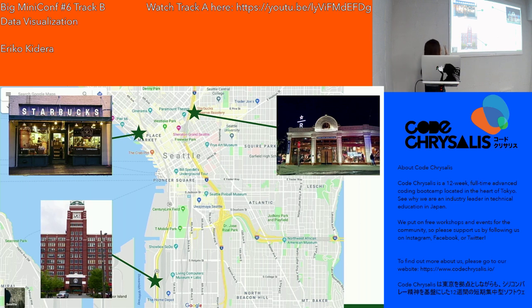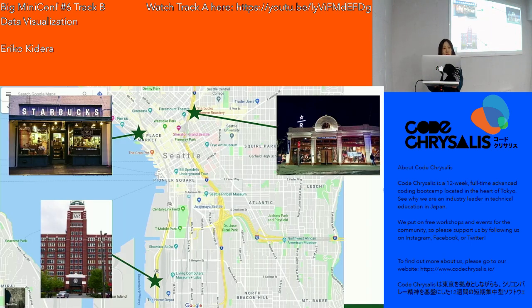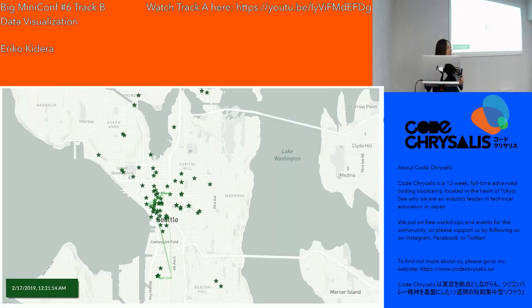So this is a map in Seattle. From now, I'll show you my Starbucks journey in February with DeckGL. Yes, this is a map of Seattle. The green stars are Starbucks location data.